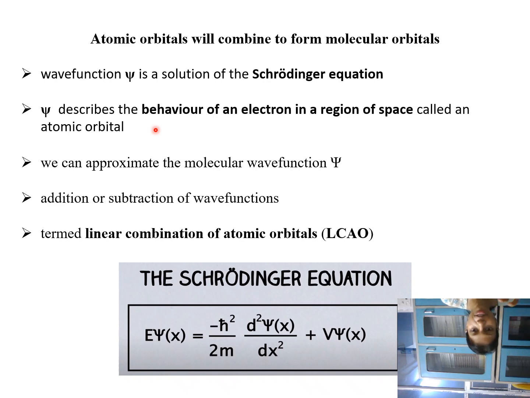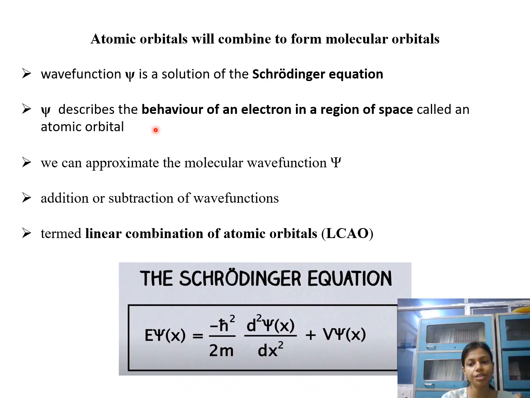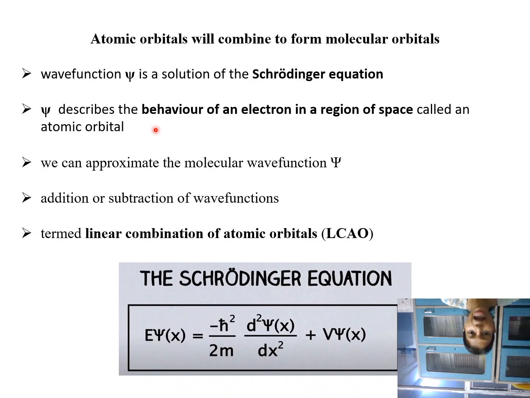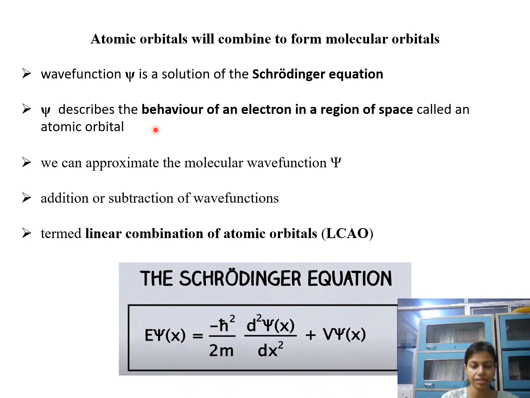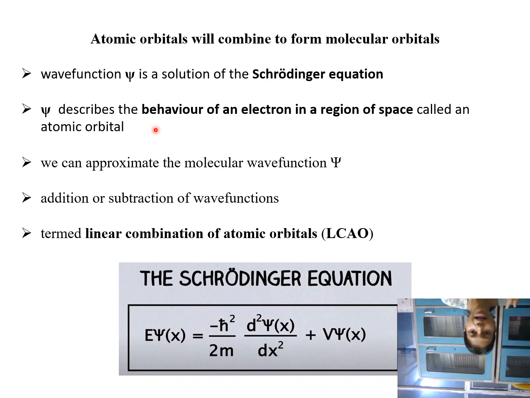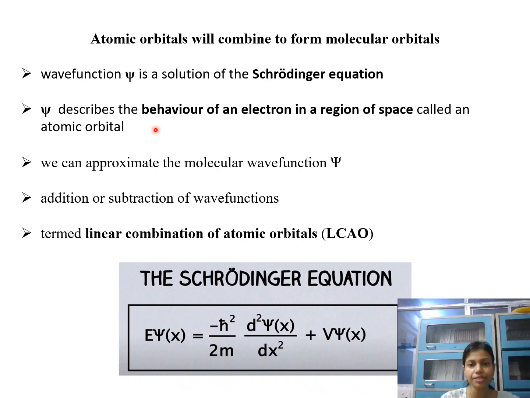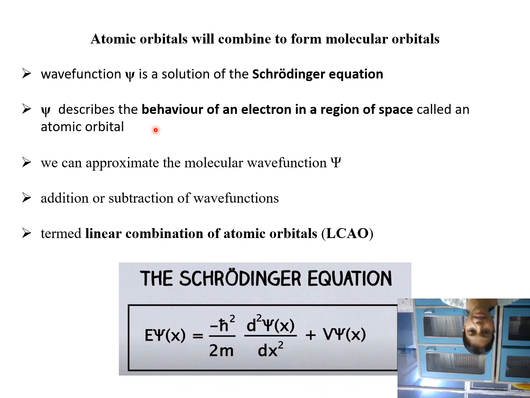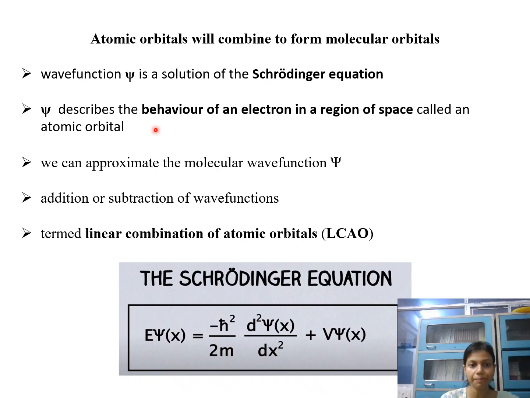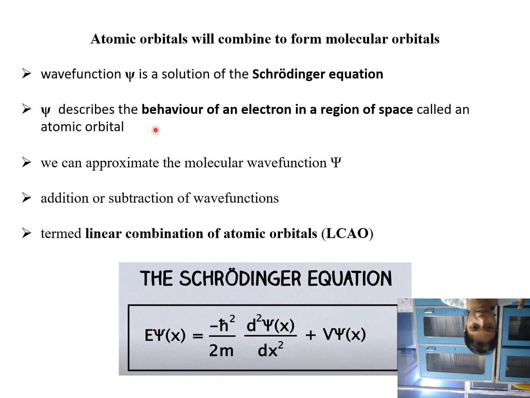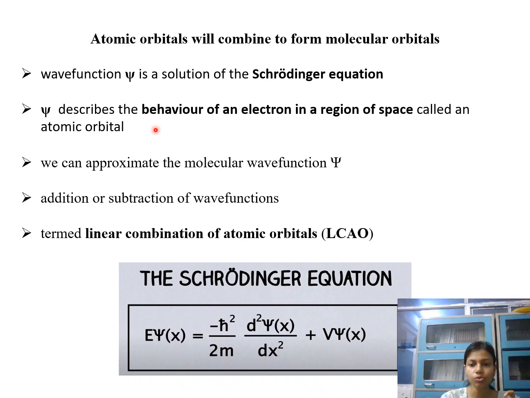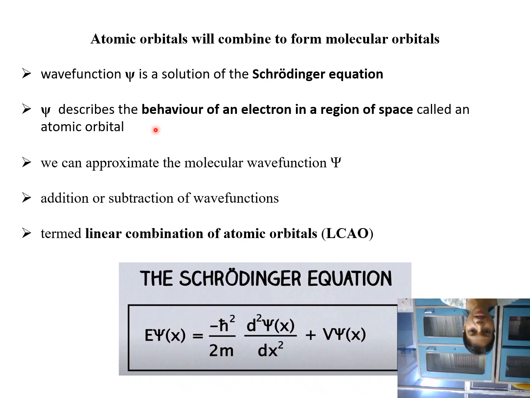So the solution of the Schrodinger equation gives us the concept of the wave function, and the wave function is the atomic orbital where the electron resides. Its behavior represents the atomic orbital, and mathematically it is a solution of the Schrodinger equation. All of you already read about these things.